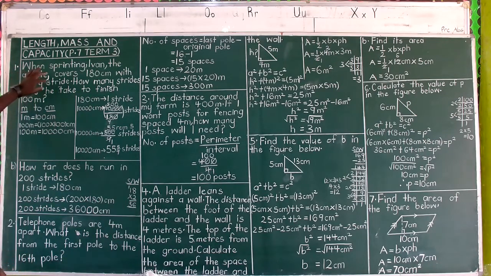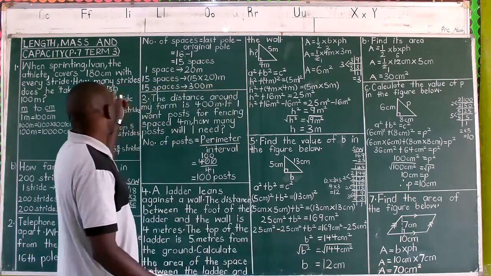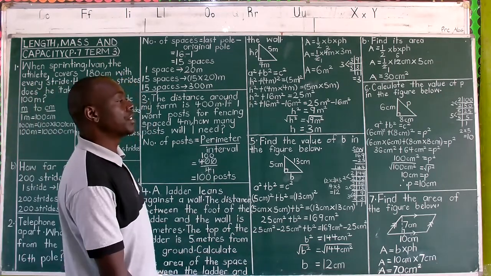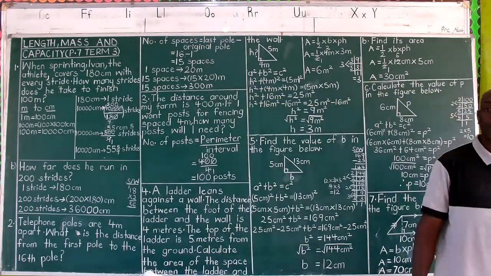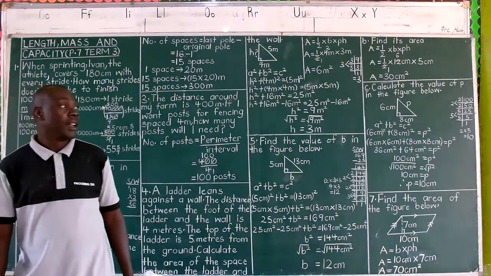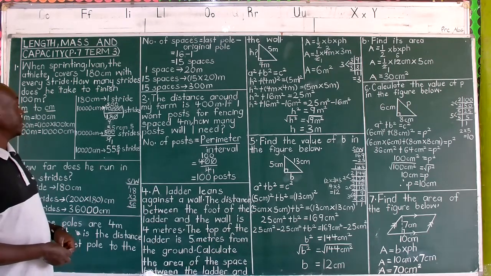Now, this one has a stride length of 180 centimeters. Every stride he makes, he covers 180 centimeters of ground. So 180, 180, 180. Now, how many such 180s will make a 100 meter sprint?